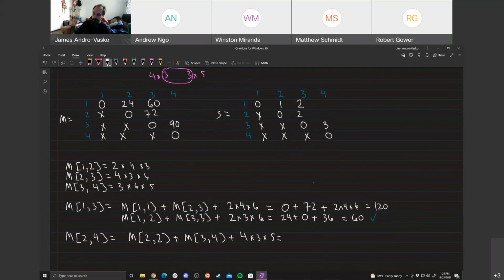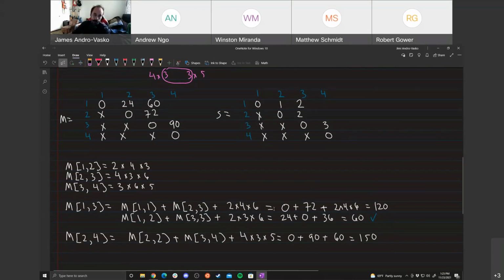So the result is going to be 0 plus M3,4, which is 90, plus, 4 times 3 is 12, 12 times 5 is 60. That's going to be 150.